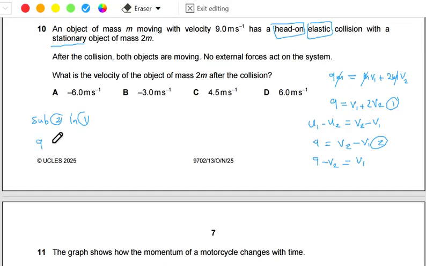So we have 9 equals 9 minus v2. Oh, sorry, there is a minus here. If we send this to the other side, we must divide by minus. Let us rearrange in a much easier way.